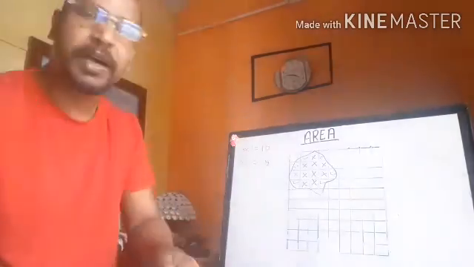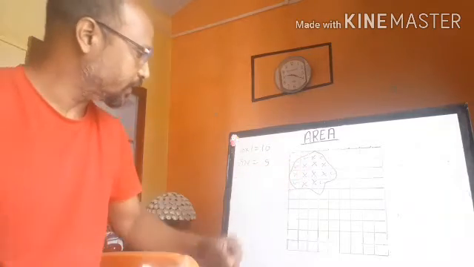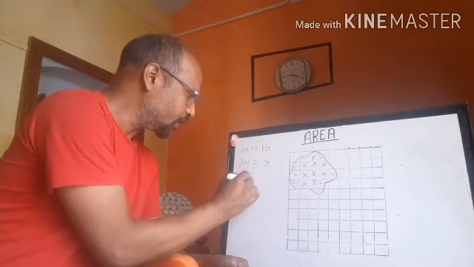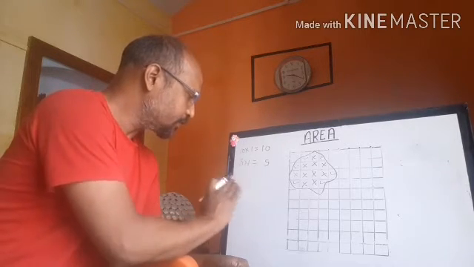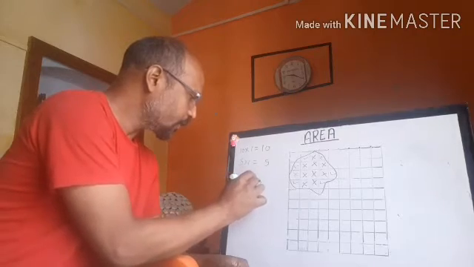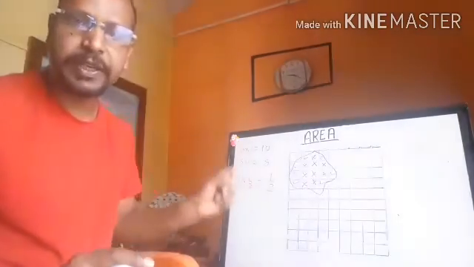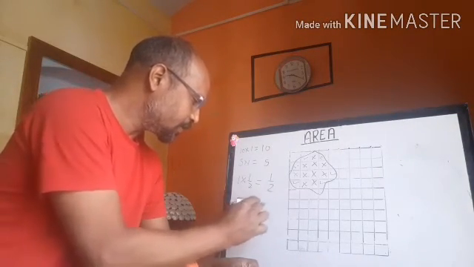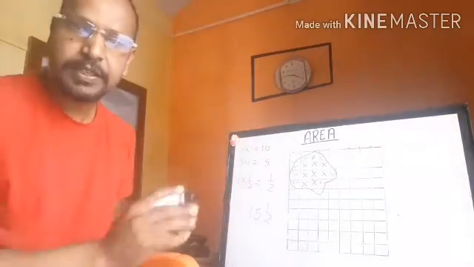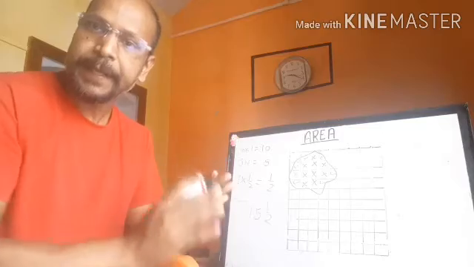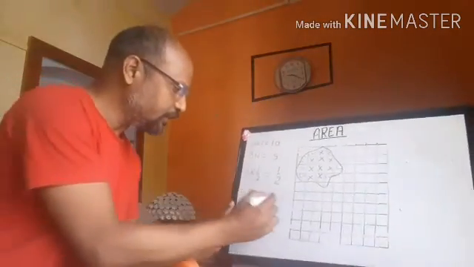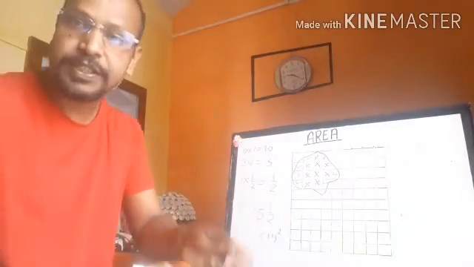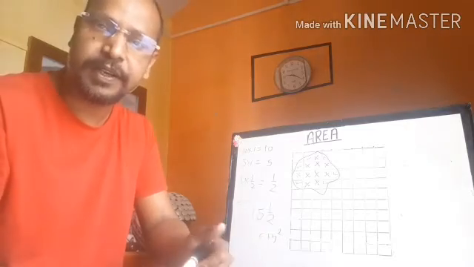Now about half, there is only 1. So that is half. So the total area will be, adding them, 10, 5, 15 and 1 upon 2 units. Since on the graph paper the squares are of centimeter, the unit will be centimeter square.